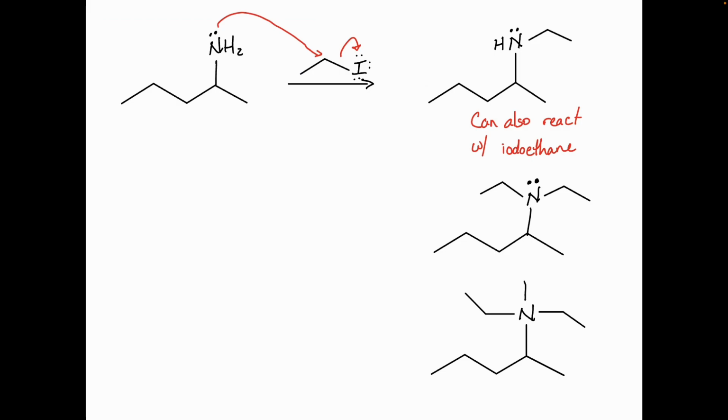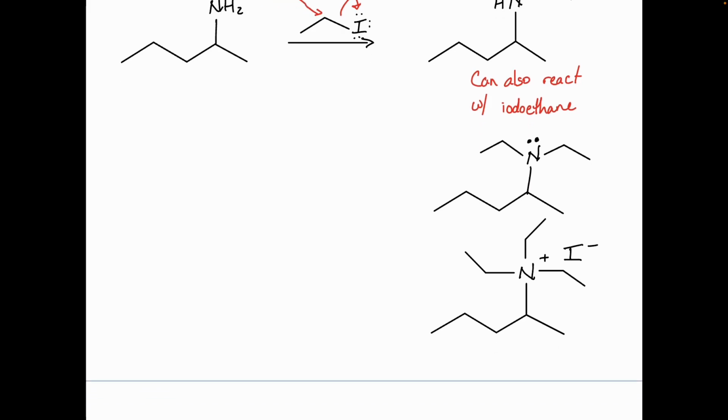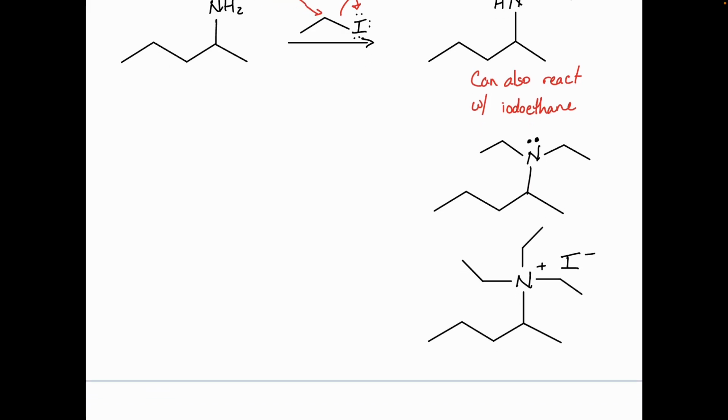So it's going to have a positive formal charge, which will be counteracted by that leaving group iodide's negative charge. Okay, again, what we call a quaternary aminium salt with that nitrogen with that positive charge.